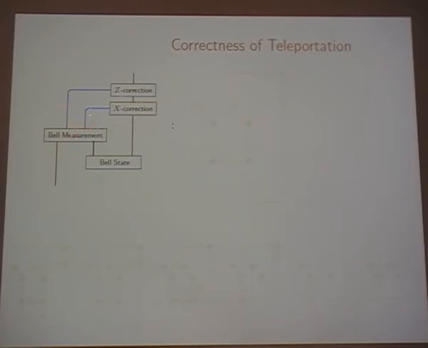This Bell measurement produces two classical outcomes, which we represent in blue. She sends these classical outcomes to Bob, and Bob applies some corrections, X or Z, depending on the classical outcomes. So this is the full representation of the teleportation. Notice that this is not a post-selected version of the teleportation.